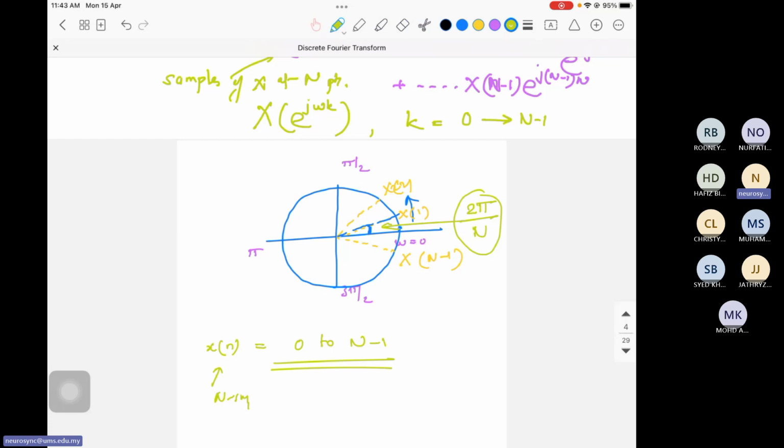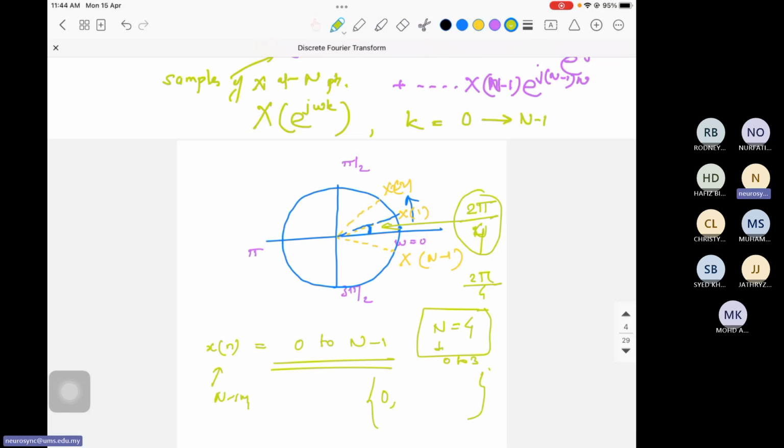Suppose a particular sequence has 4 samples. In that case, how will we calculate the discretized values here? We take n from 0 to 3. If I put 0 here, the first interval is at 0, then the second interval is 2 pi by 4, since N has 4 values.